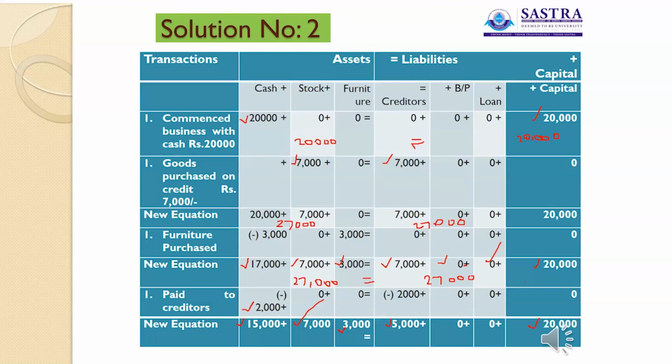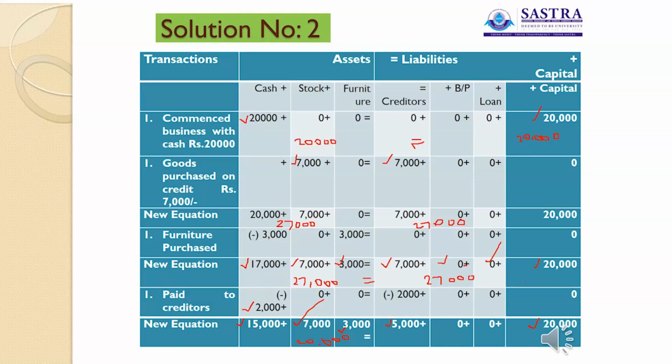Here 15,000. Here 7,000 plus 0, 7,000. Here 3,000. Here 7,000 minus 2,000, 5,000 is the value. Here 0, here also 0, here 20,000.